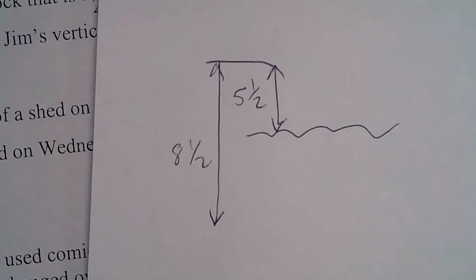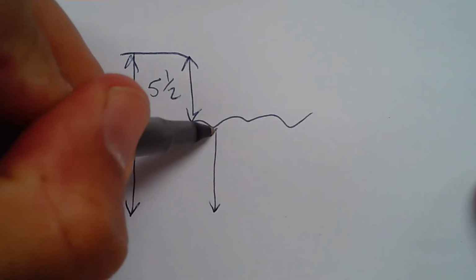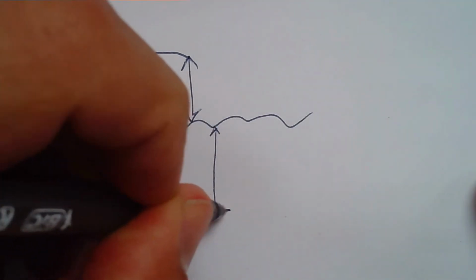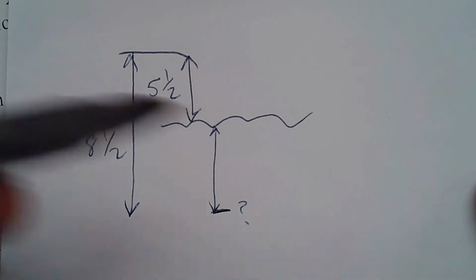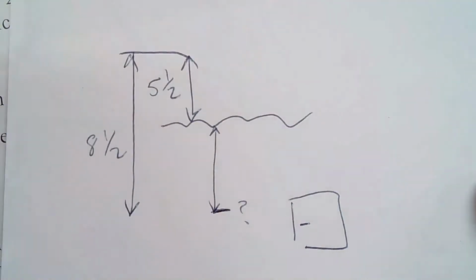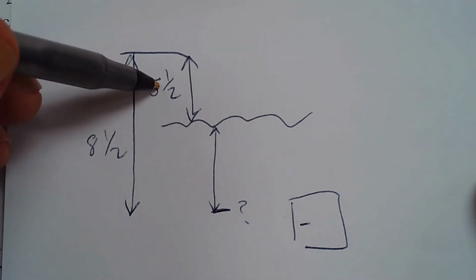So the question then is, what is his location relative to the surface? So this right here, what is that location? Well, first off, it's below the surface. So in our answer, we know that it's going to be negative, first off. And we have to take 8.5 minus 5.5.